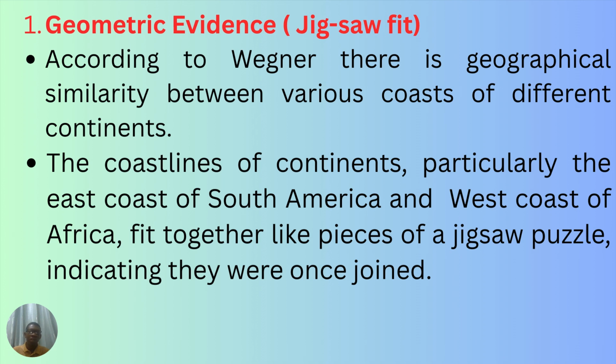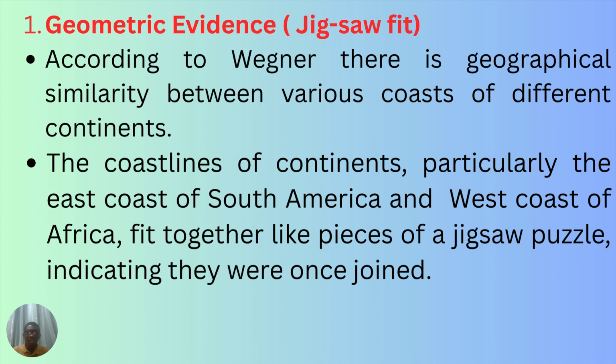According to Alfred Wegener, there are geographical similarities between various coasts of the different continents. This means that there are some continental edges that seem to match when they are brought together. So the coastline of the continents, particularly the east coast of South America and the west coast of Africa, fit together like pieces of a jigsaw puzzle, indicating they were once joined.